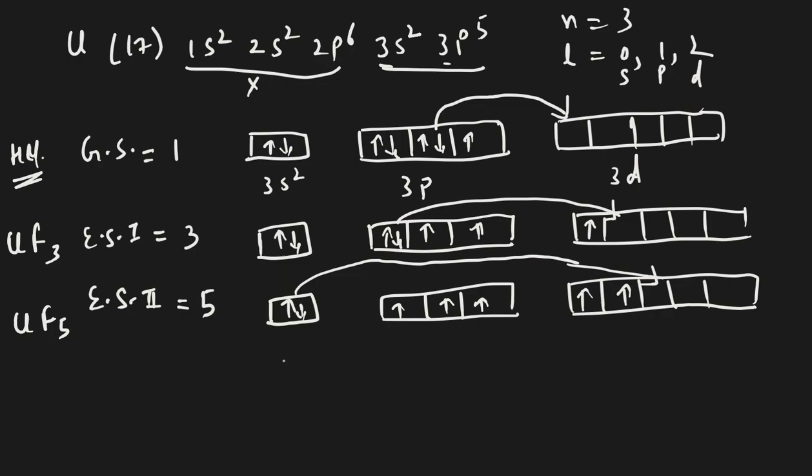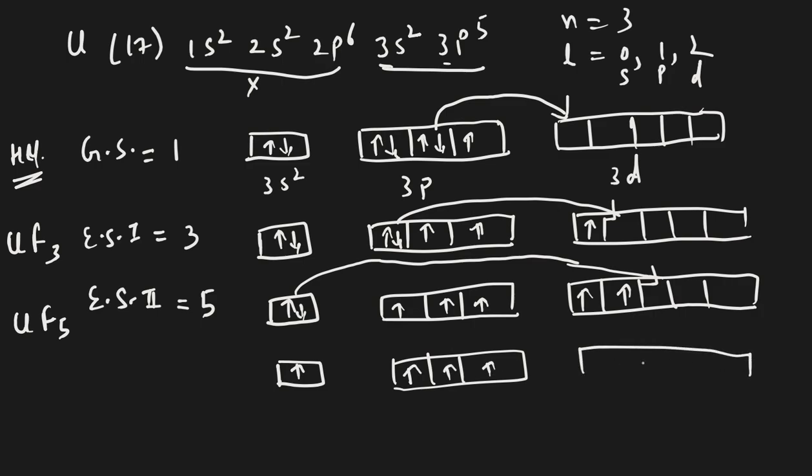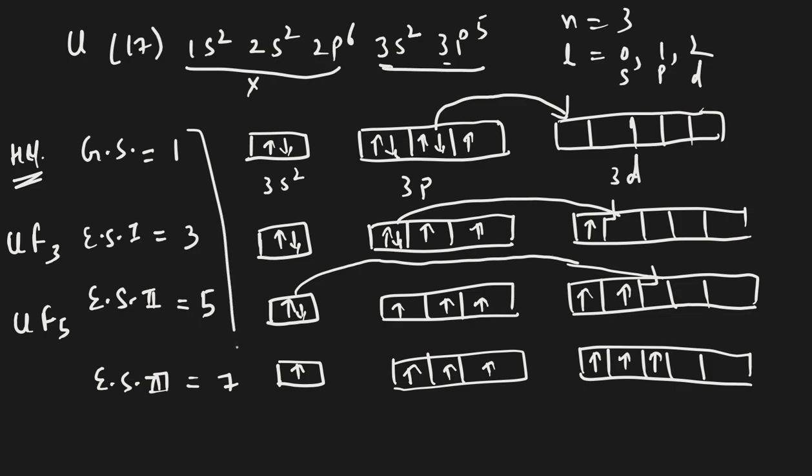So in that case, we will have 1, 2, 3, 4, and then 5, 6, 7. So in the third excitation state, the covalency possible is 7. What does it mean? It means chlorine can show these many covalencies.